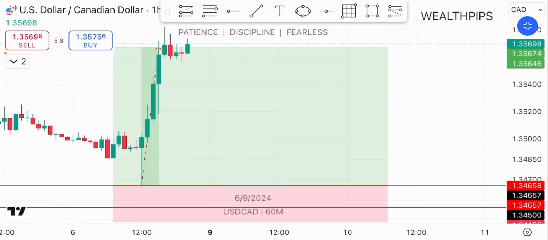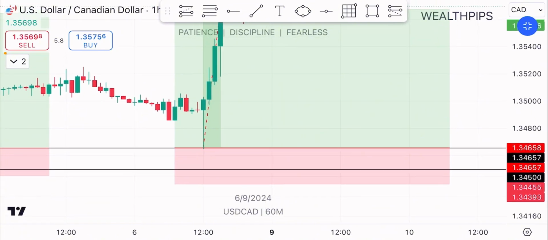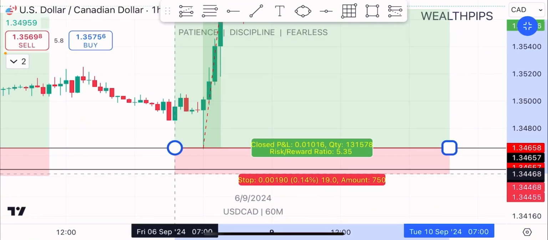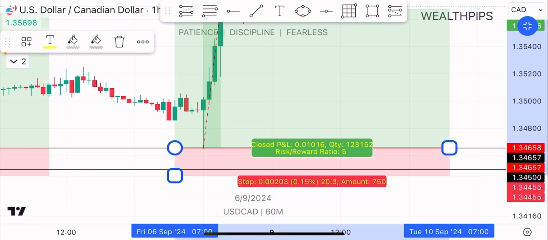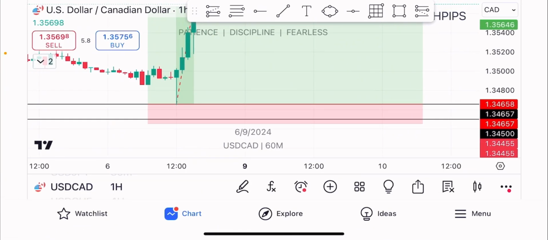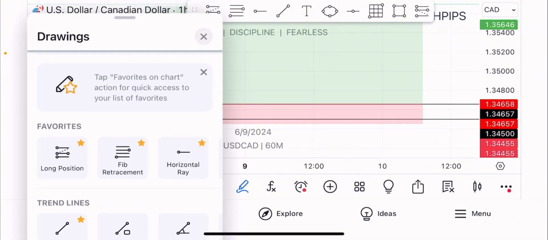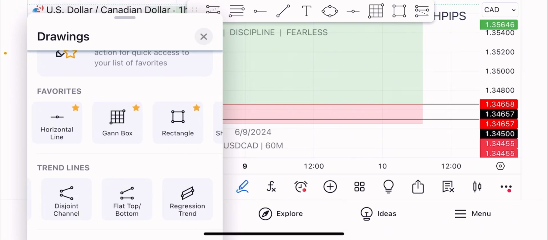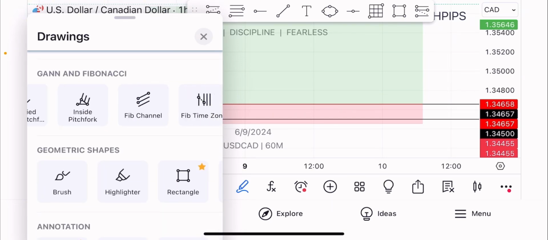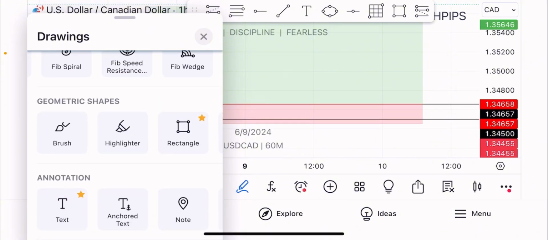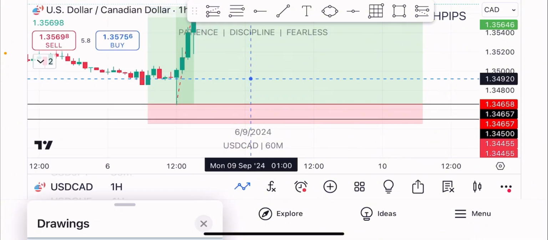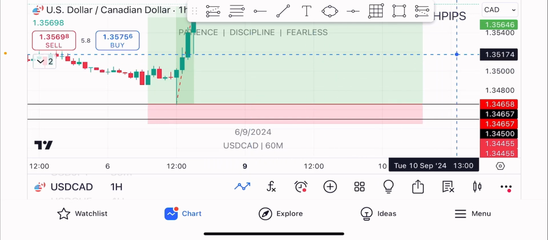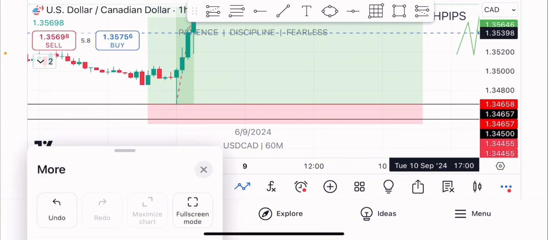Okay, so this is something else I want to show you. This is 26 pips, this is 20 pips. So let me show you guys how it is. All right.